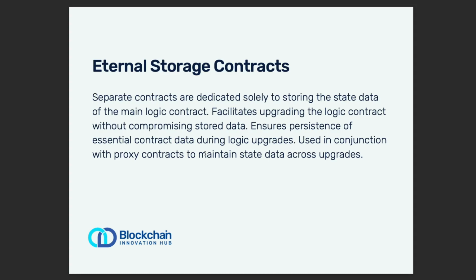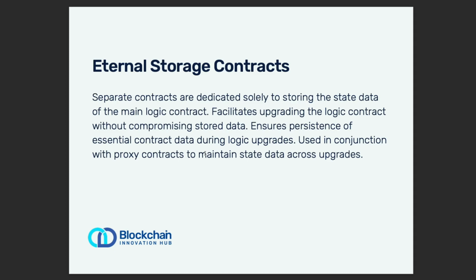The purpose of the storage contract is to store the state data. Every piece of data is going to be stored on this contract, separate from your logic contract and your proxy contract. So in this case you're going to have three contracts: your logic, your proxy, and your storage contract.